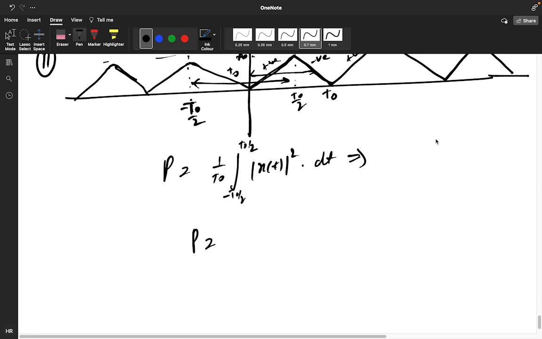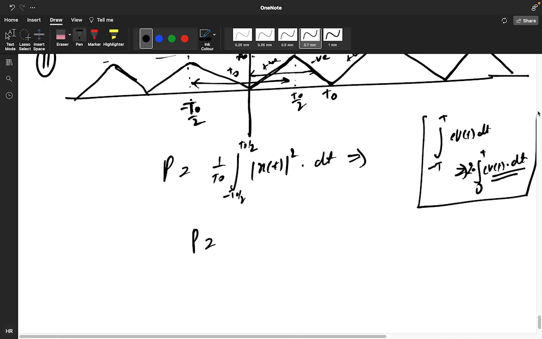For an even function, if you have an integration from minus t to plus t, this can be written as 0 to t multiplied by 2. In basic engineering maths you had studied these things, I hope. So this is one property.